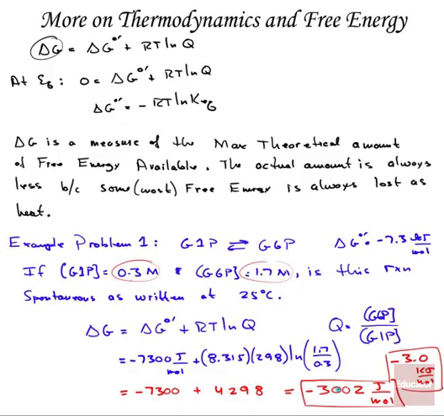Let's say we only end up using about 50% of that, so I'm really only going to end up with about 1,500 joules that's going to actually do useful work. If the conditions were standard, I have 7.3 kilojoules per mole, so I would have a lot more available, about 3.5, 3.6 kilojoules actually available for real useful work.